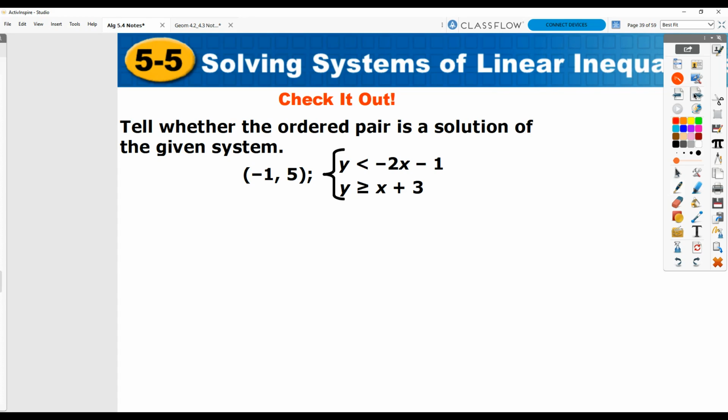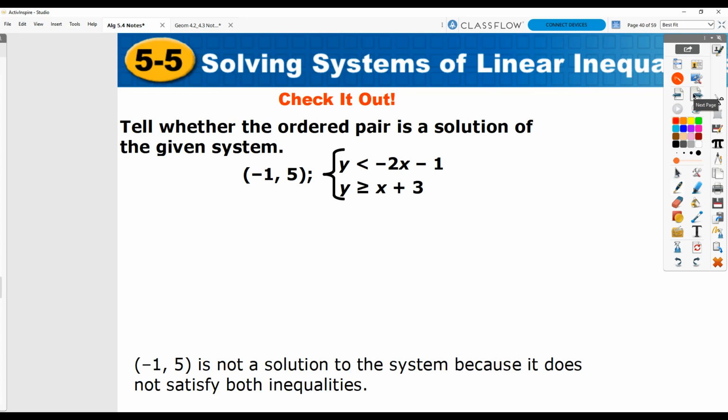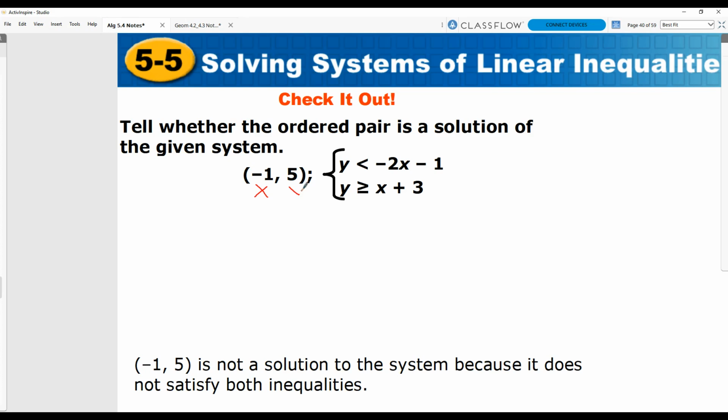All right, let's take a look and see what this would come out to. This ordered pair is not going to be a solution to the system because it doesn't make true statements. We can check it right quick. We have our x and y, so let's plug that in. For our first one, we have y is less than -2 times -1 minus 1.